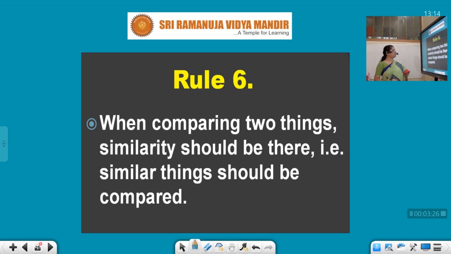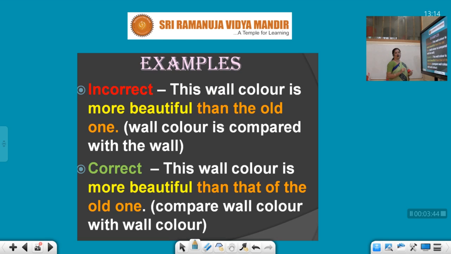When comparing two things, similarity should be there. Remember, students, when I'm comparing two things, the two things must be similar. I can't compare something which is not similar to that adjective. Say, for example, we have a wall example here.